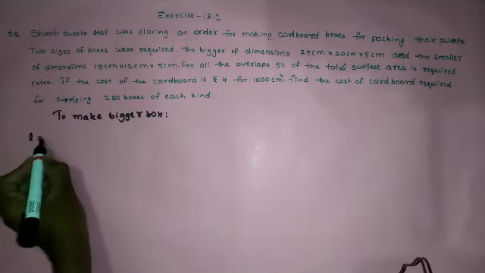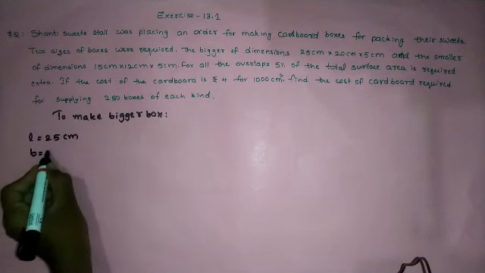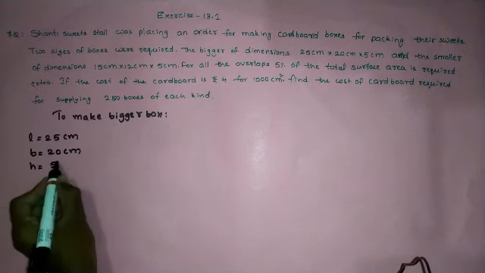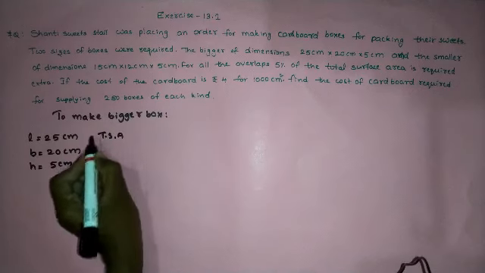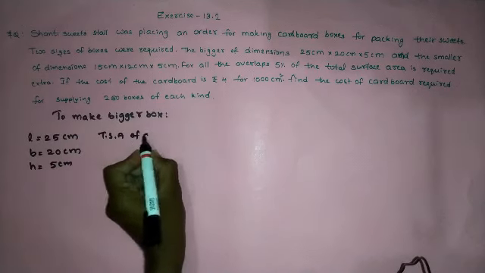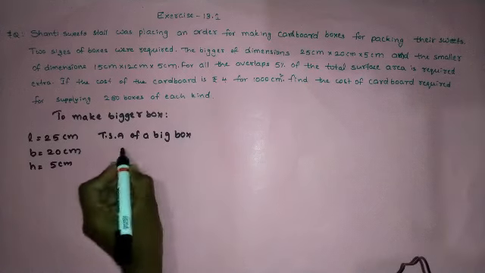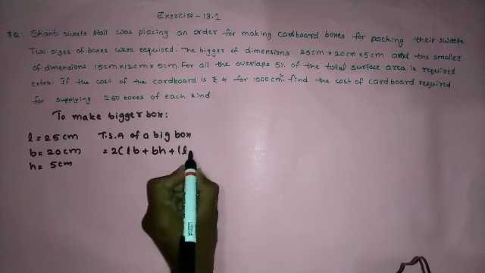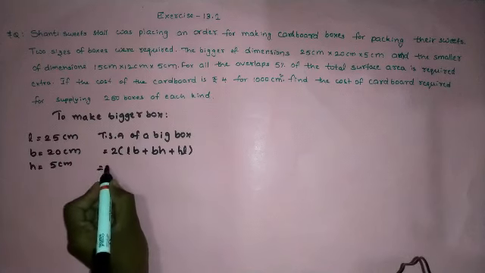Length L equals 25 cm, breadth B equals 20 cm and height H equals 5 cm. Total surface area of a big box equals the formula 2 into LB plus BH plus LH or HL. Now substitute the values.